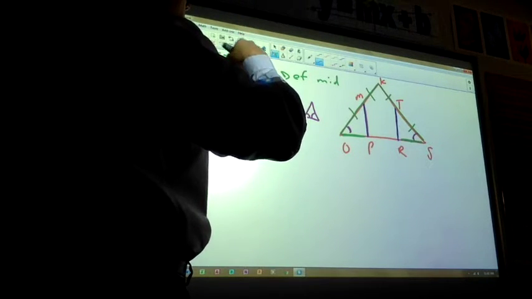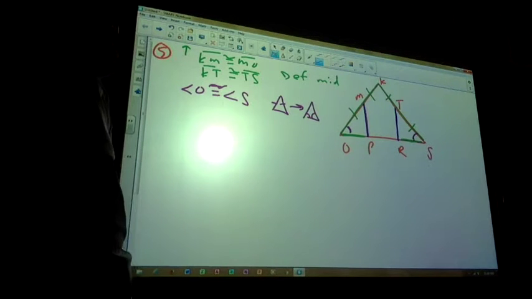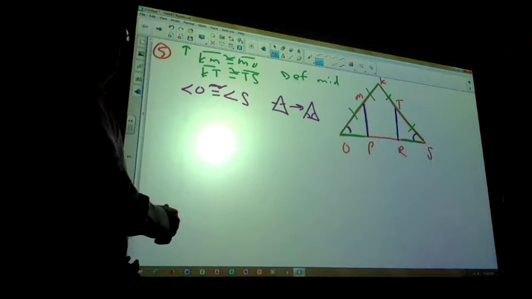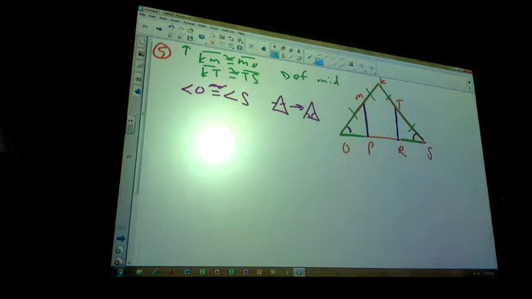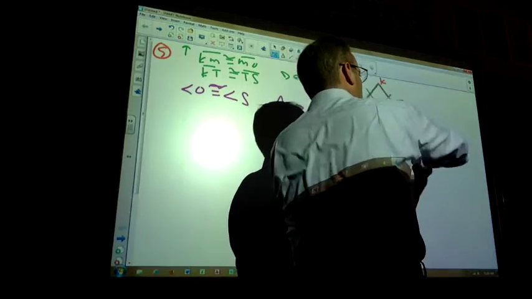MO. Oh, I can't say that yet. Shoot. Could you say angle P is congruent to angle R because of the same reason for angle O is congruent to angle S? No, because that's not part of the isosceles triangle.